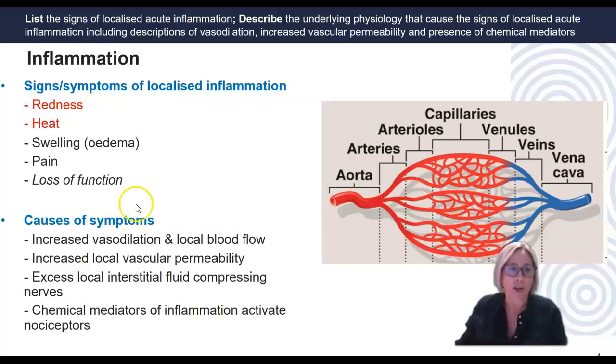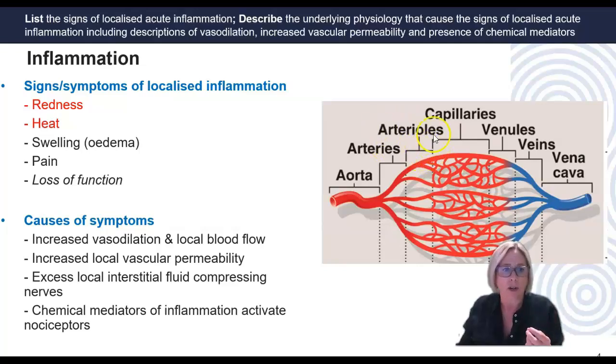Well, to begin with, the redness and the heat is caused by increased vasodilation and therefore increased local blood flow. So I'll take you over to this diagram here. It's just a little schematic showing you from the aorta, then the branches of the aorta into arteries, which branch further into forming these smaller arterioles.